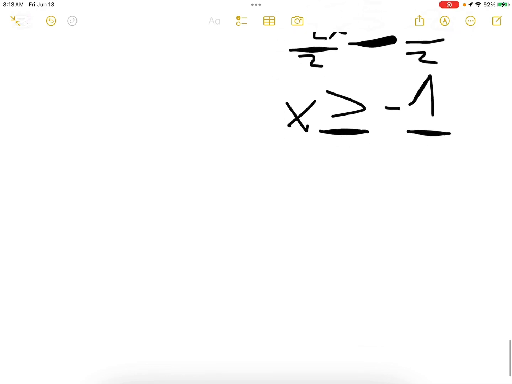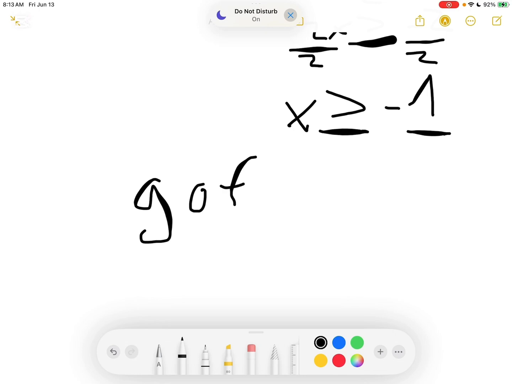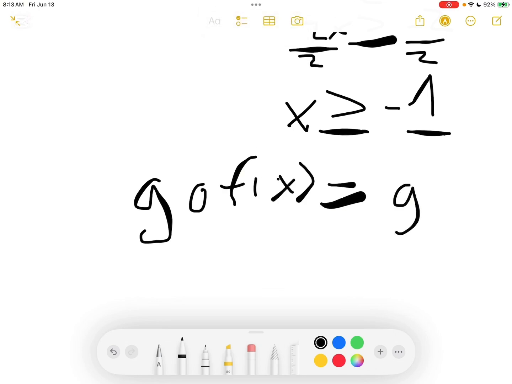Alright, now let's move on to g of f. So, g of f is the same thing except opposite. So now, we'll write it like this. G of f is really the same as this. It's the same way we've been writing f of x, except backwards.